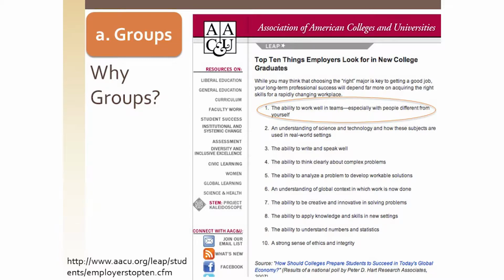Now, it is not my intent that we spend a lot of time talking about the rationale for groups. How many of you use groups in your large classes? About half of you, it looks like, have done some work in the context of groups, and I'm sure that varies.